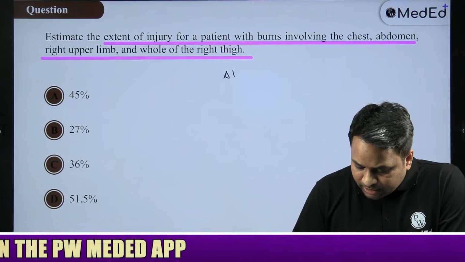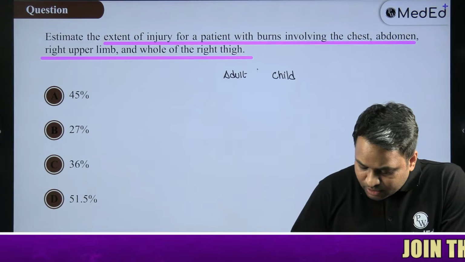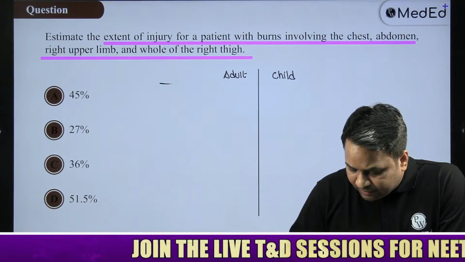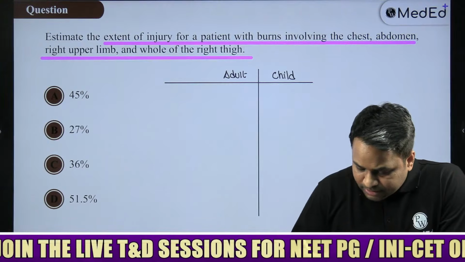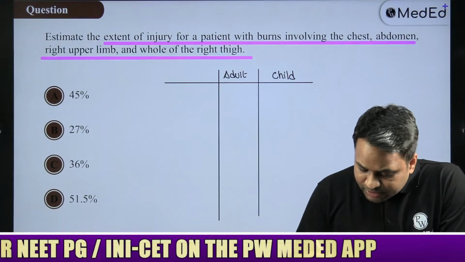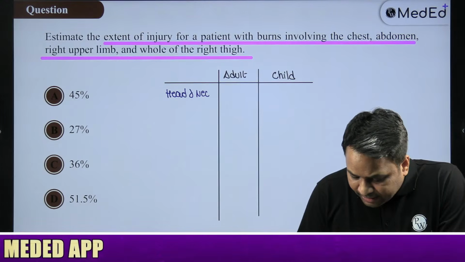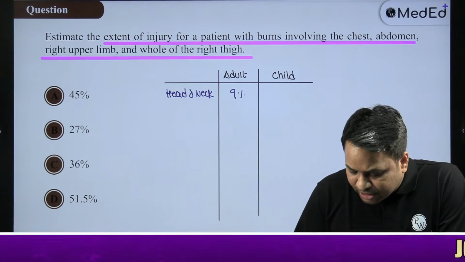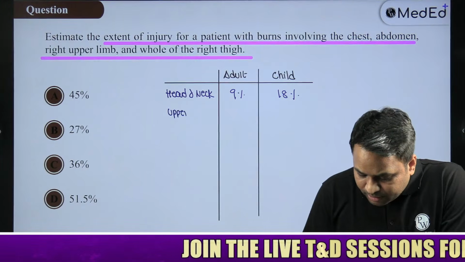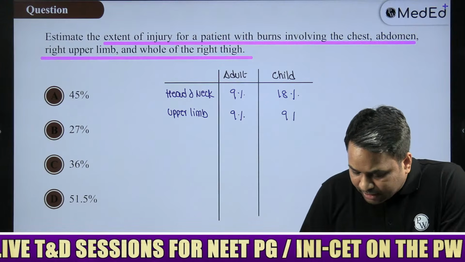We talk about the adult and the child in differentiation, right? So in the Wallace rule, we talk about adult and child. So we'll have the various components which are going to be present. Now, the first thing is going to be the head and neck. The head and neck in adult accounts for 9%, child it is going to be 18%. Then you have the upper limb. The upper limb in adult is 9%, the child is also 9%.